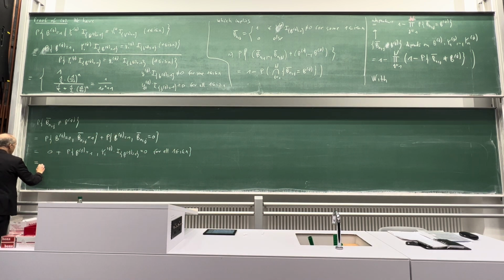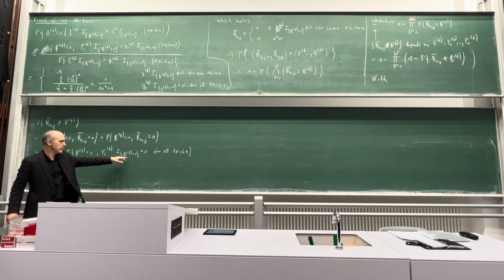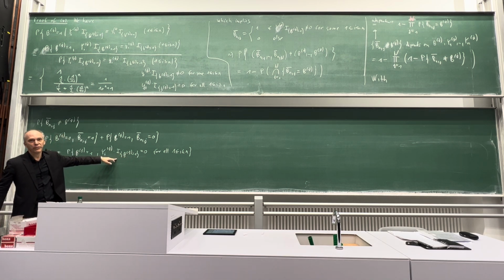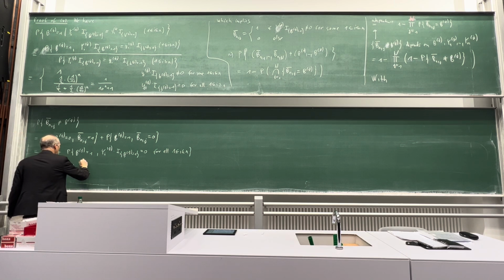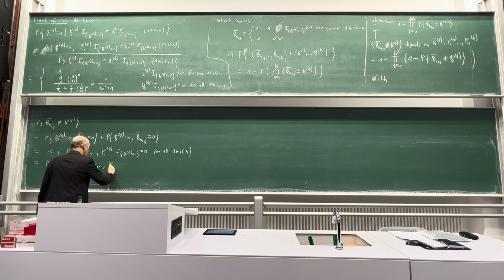And now you see, forget about the 0, if Bj is 1, then in this event I can just forget about this indicator, because the indicator is 1. So we have the probability that Bj is 1, and at the same time Y1j must be 0, until Ynj.